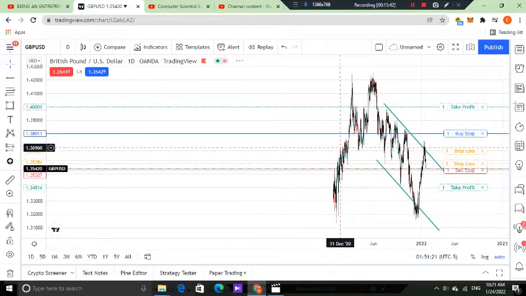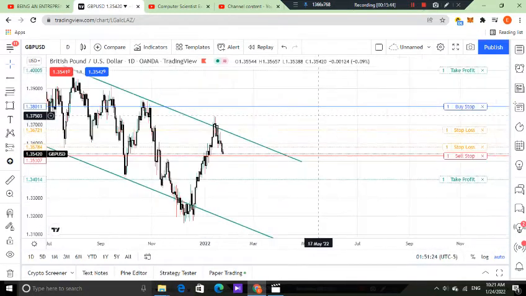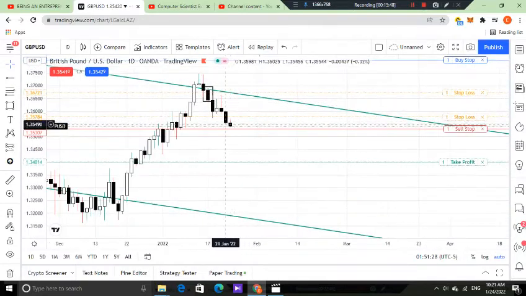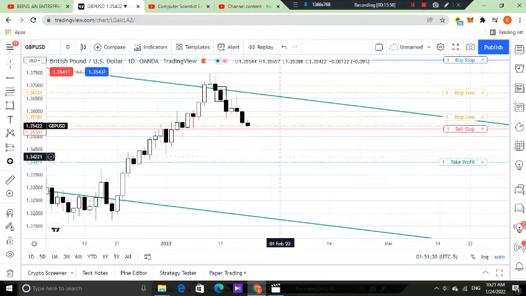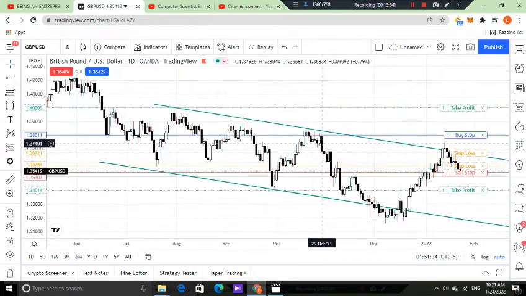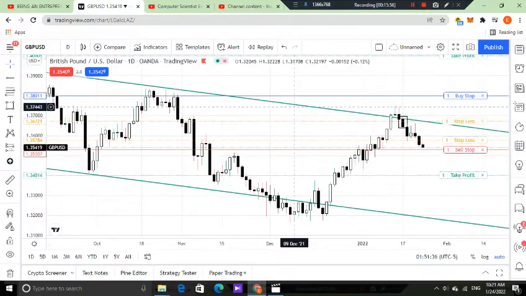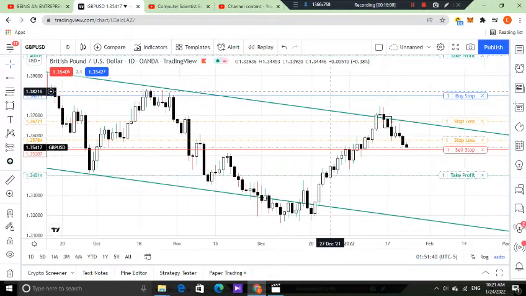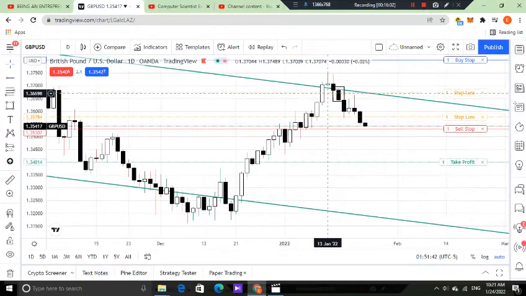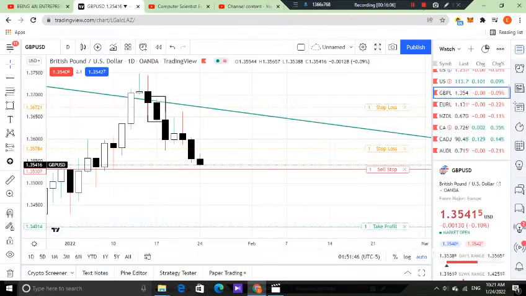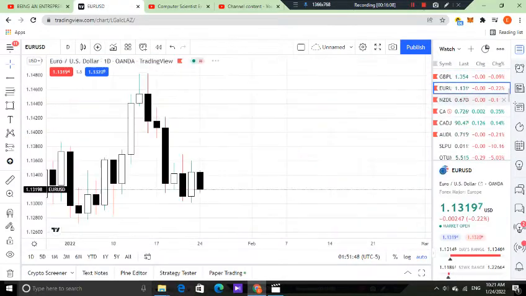This channel in higher time frame, yeah, you can also trade. It can be another strategy for scalping. It wasn't that much. It's not my main strategy. My main strategy is what I just mentioned to you.